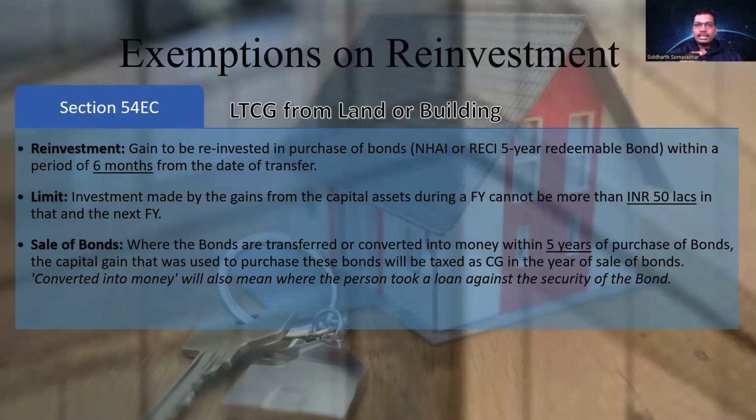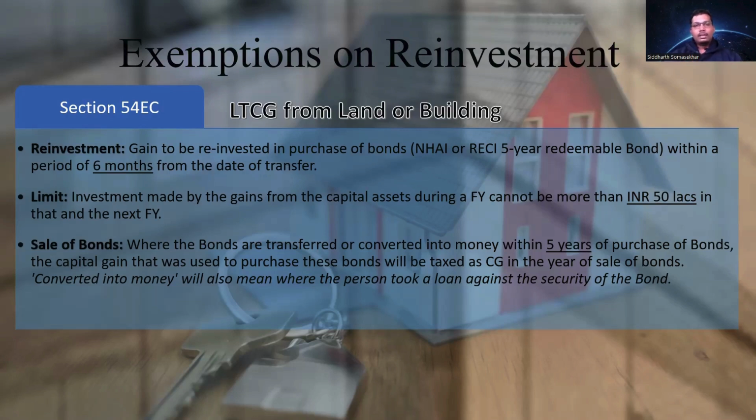The difference is that in 54EC, if you sell the bond within 5 years, then the capital gain that was exempted would be taxed in the year in which the bond is sold. Unlike section 54 and 54B, wherein the cost of acquisition in the computation of the new asset will be reduced by the capital gain that was exempted.